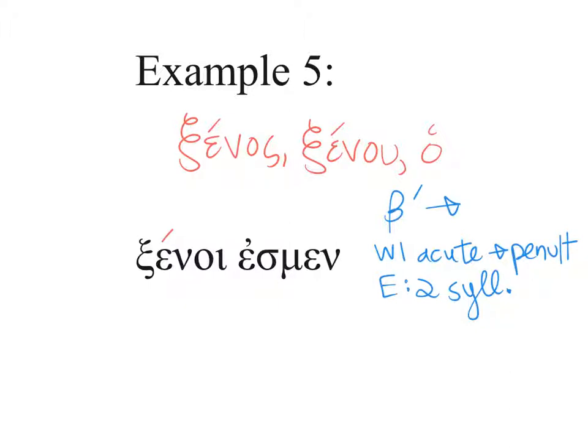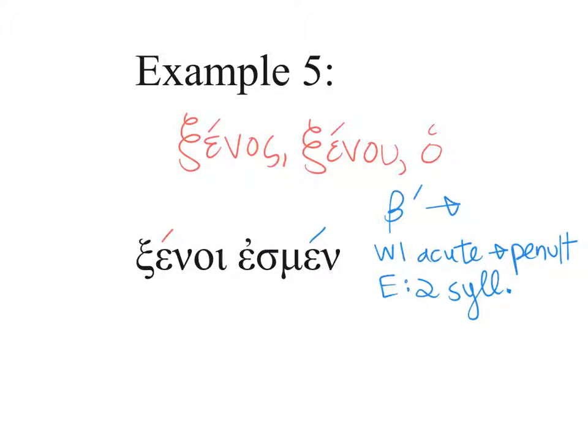So we must ask ourselves, do we meet these conditions? Well, word 1 does seem to have an acute on the penult, and the enclitic is 2 syllables. So in this example, we can wholeheartedly throw an acute on the ultima of the enclitic.